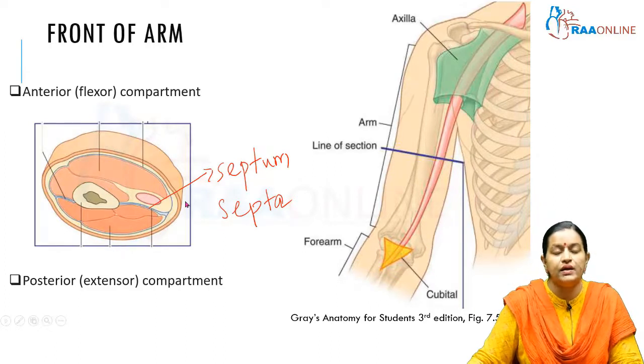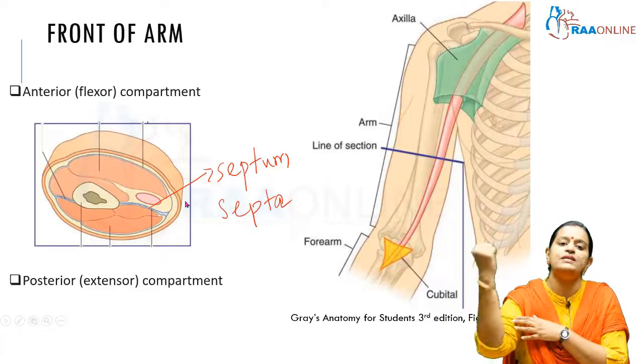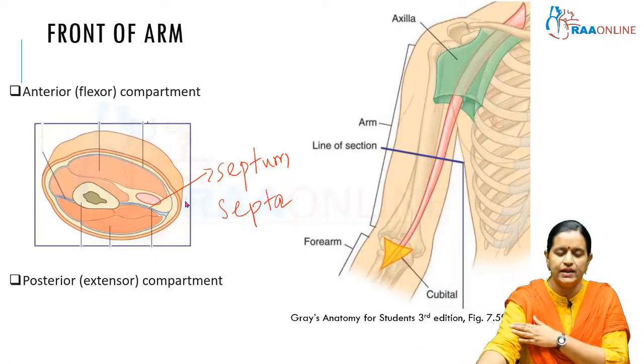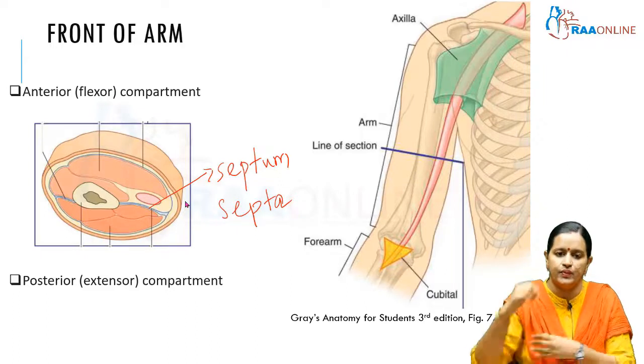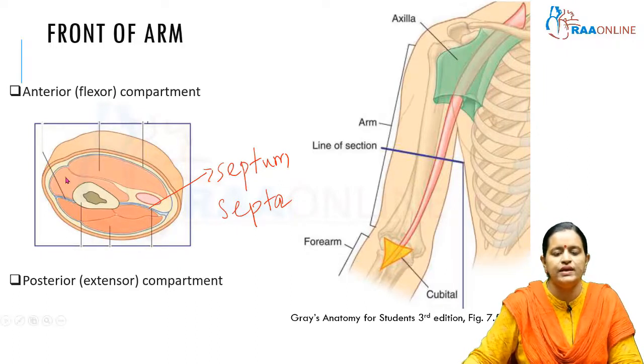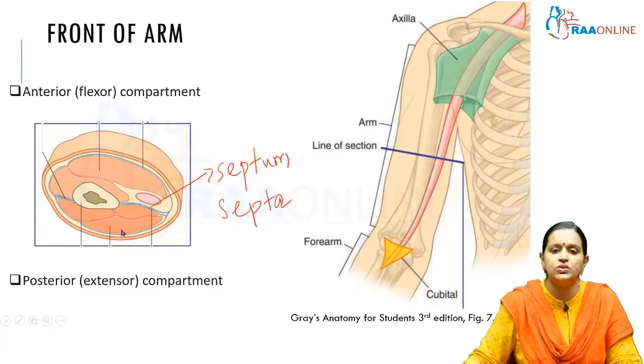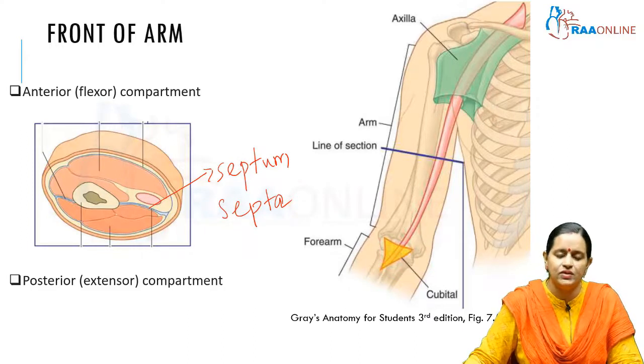The anterior compartment is functionally the flexor compartment because the structures in it flex the elbow, and the posterior is functionally the extensor compartment. These are the two compartments of the arm, out of which we will be dealing today with the anterior or flexor compartment.